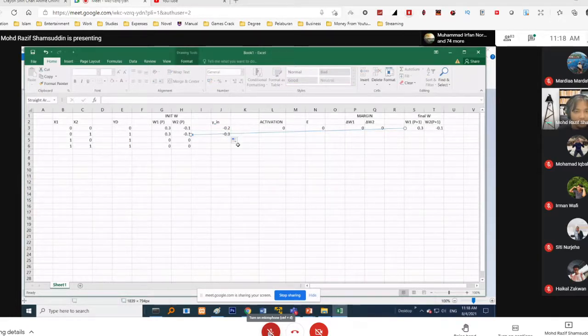Sekejap. Saya buang. Betul tak? Calculation dia betul, kan? Lepas tu activation dia, kalau saya drag ke bawah. Betul tak? Betul. Error dia betul. Error dia 1. Kenapa? Sebab desired dia 1. So bila dia ada error, ada marginal difference. So untuk case yang macam ni, delta weight tu sahaja yang ada value. Kenapa? Sebab input 1 dia kosong. Kan betul tak? So sama juga kalau saya buat yang kat bawah ni, hanya yang ini saja updated.